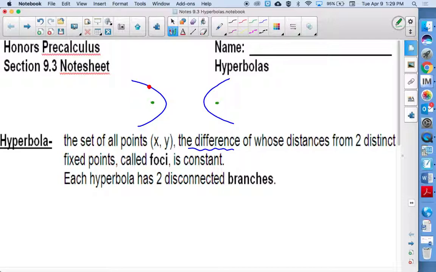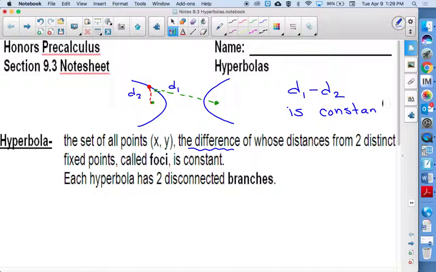So if I take the distance from one focus, I'll call that distance 1, and the distance to the second focus, which we'll call distance 2, if you subtract those distances, then that value is constant.